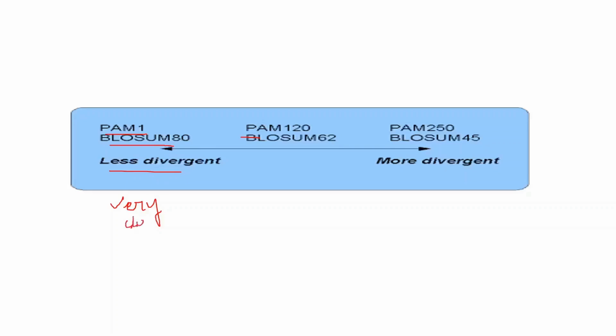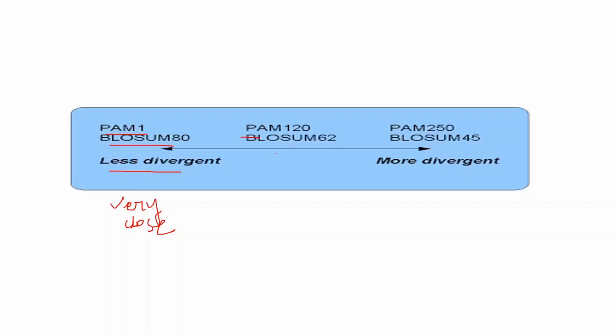PAM 120 and BLOSUM 62 are equivalent, doing the same thing.